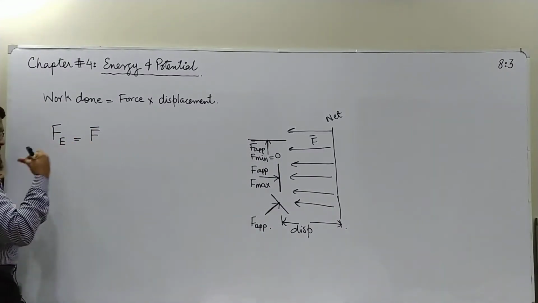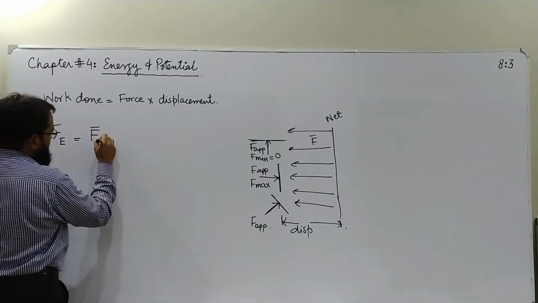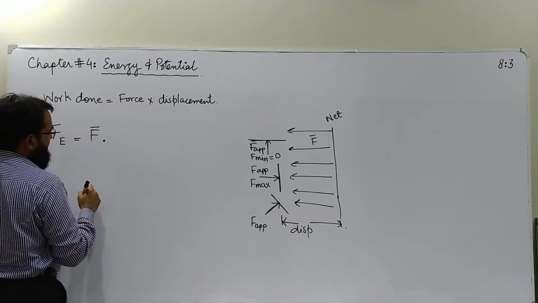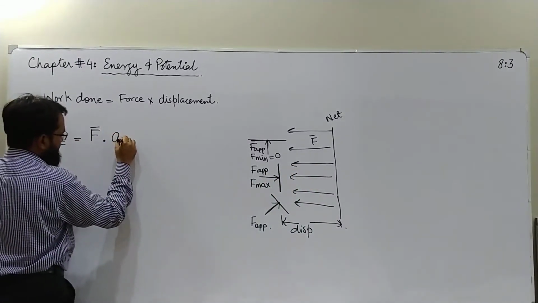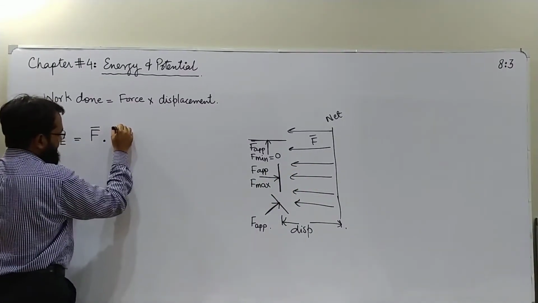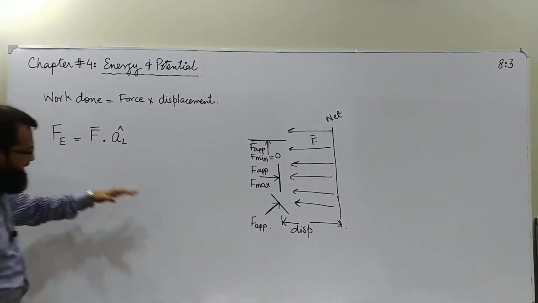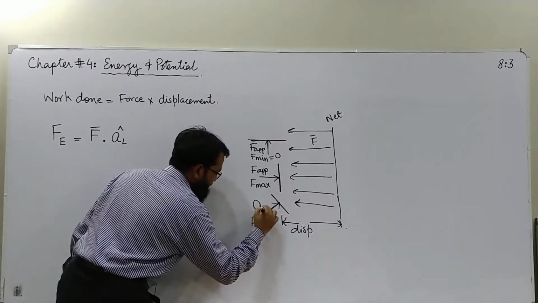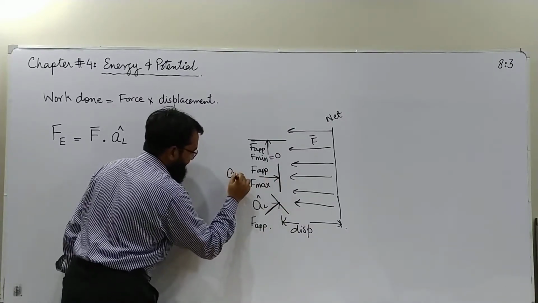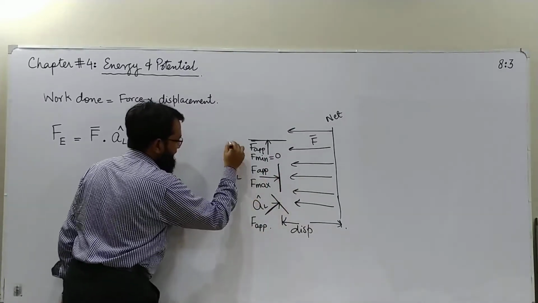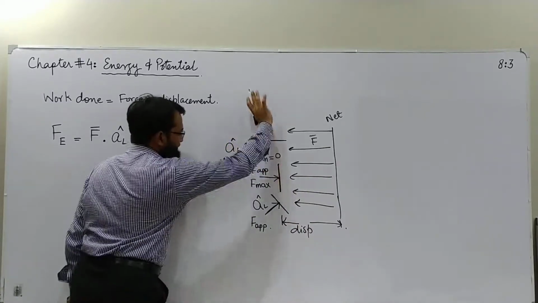Fe is the force experienced by me, dotted with AL, if I move in this direction. If AL is the direction in which I am moving, in this case AL would be this direction, and in this case AL would be this direction.